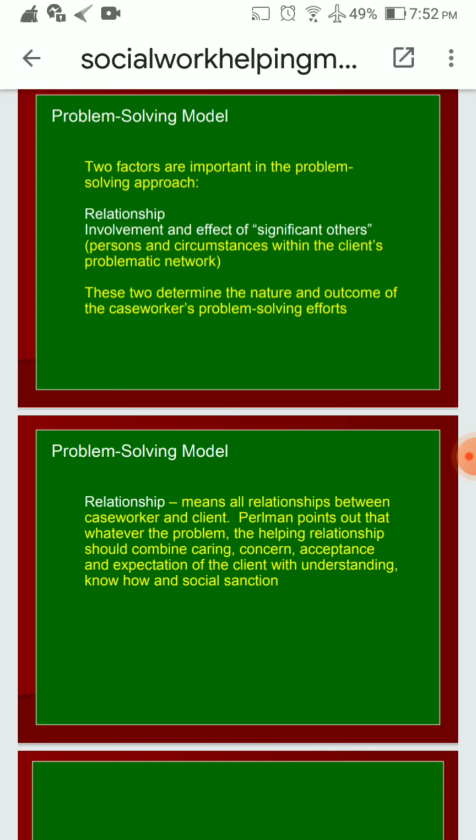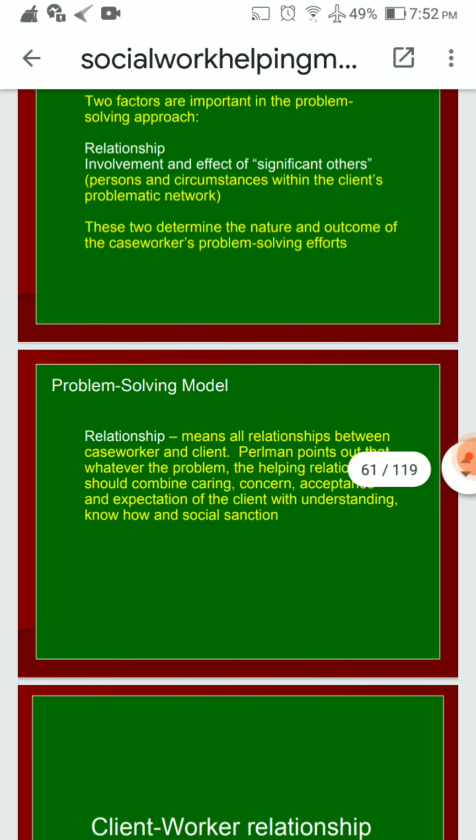When we say significant others, it is the family itself, the persons and circumstances within the client's problematic network, the friends, the peers, and the community itself can be significant others. These two determine the nature and outcome of the caseworker's problem solving efforts.